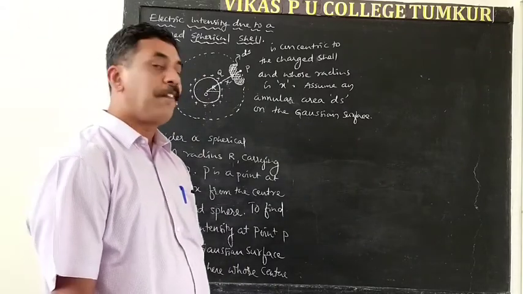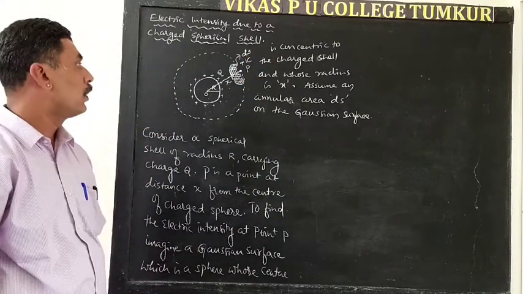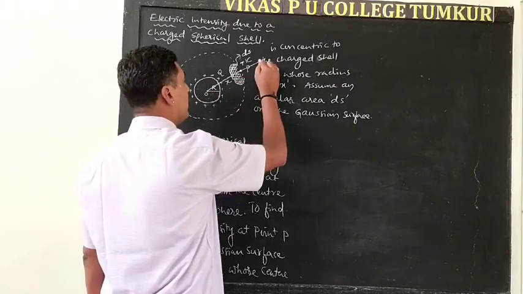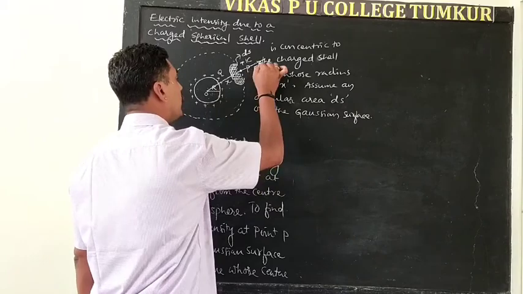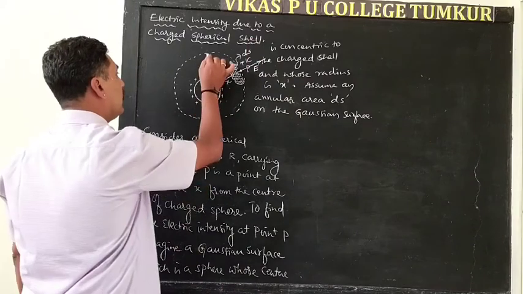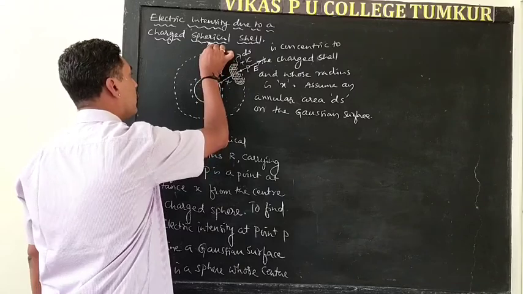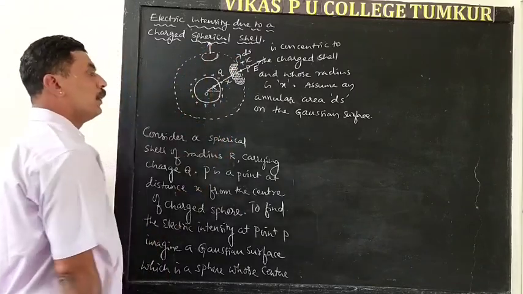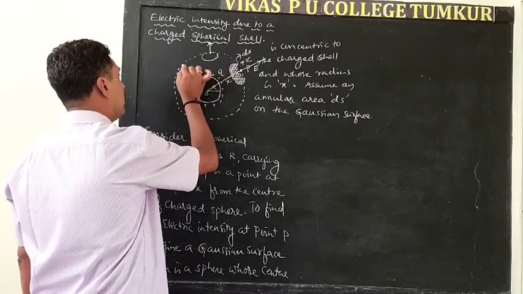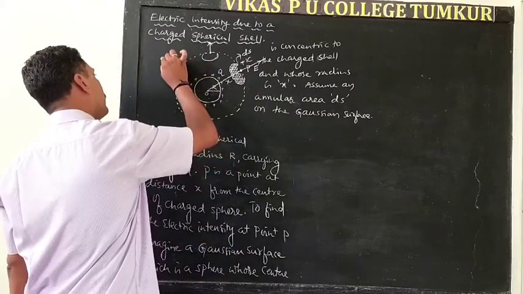Now if I place 1 coulomb charge here, naturally this charged sphere will repel it, and this will give you the electric field line or intensity direction. Supposing I place 1 coulomb charge here at this point, it will be repelled like this.